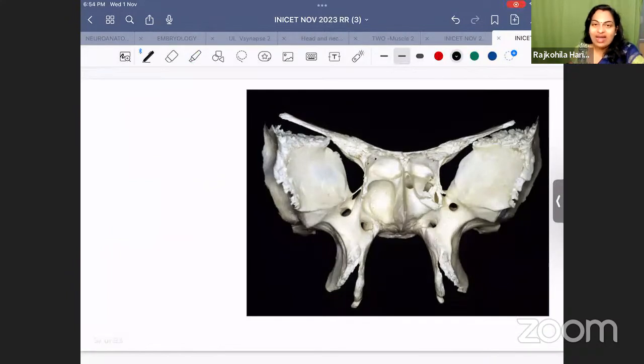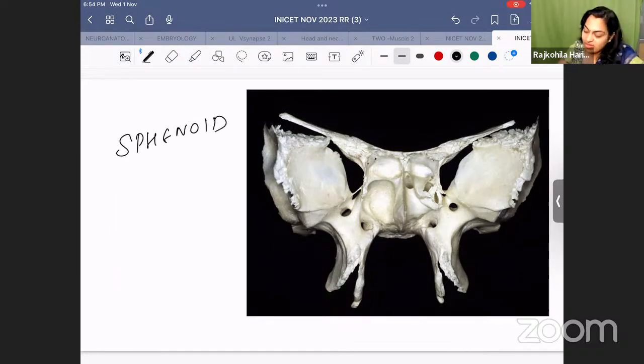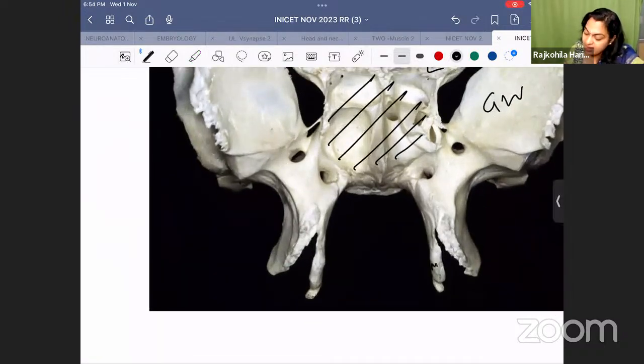Can you identify this bone? It is the sphenoid, isn't it? So this is the lesser wing of sphenoid, greater wing of sphenoid, body of the sphenoid with the sphenoidal sinuses. And here, this is the medial pterygoid plate, lateral pterygoid plate.